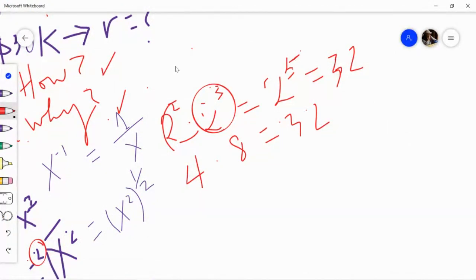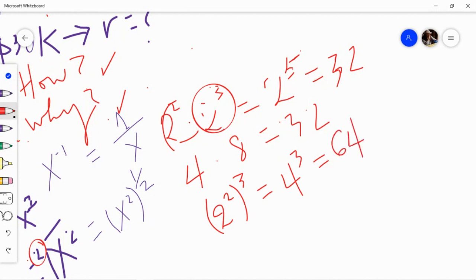So let's try this. 2 squared, cubed. And what is that? You will say it's 4 to the third power. So it's 4 times 4 times 4, so 64.